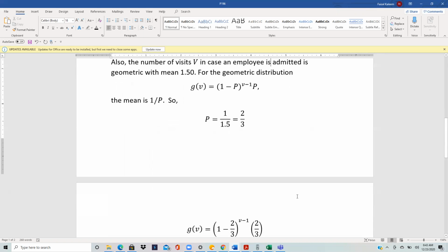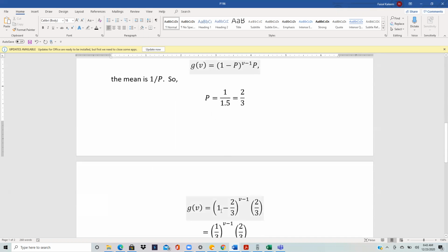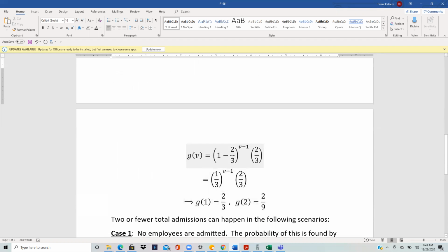Therefore, when we substitute this P in this formula, we get g of v equals 1 minus 2/3 power v minus 1 times 2/3. That simplifies to 1/3 power v minus 1 times 2/3. From here, we can see that g of 1 is 2/3, and g of 2 will be 2/9.